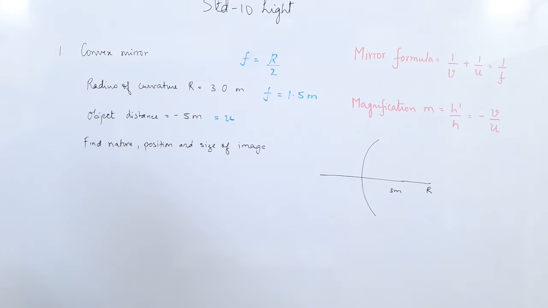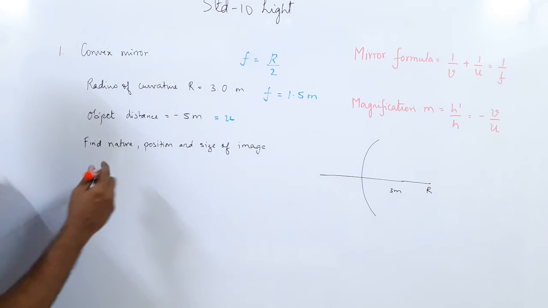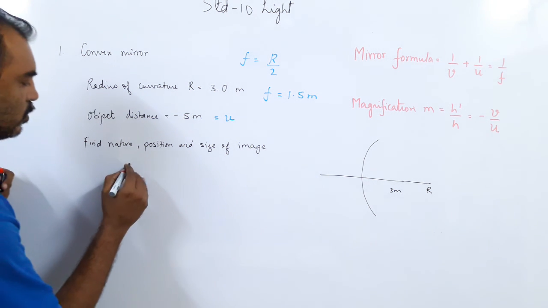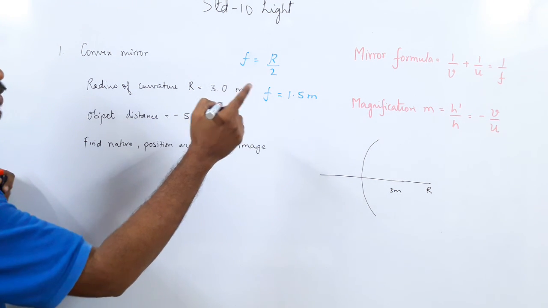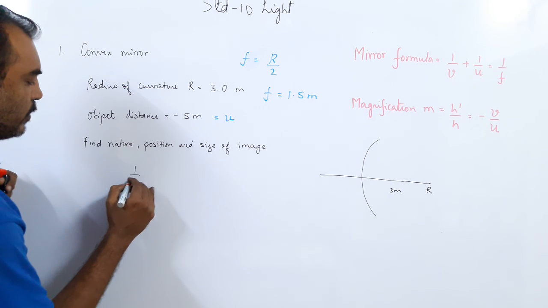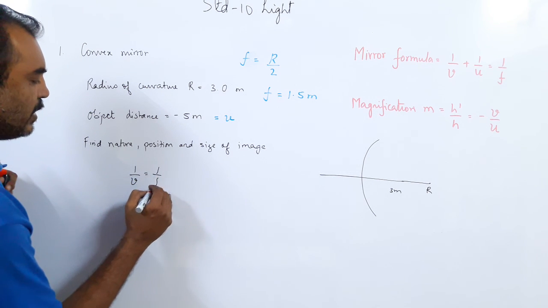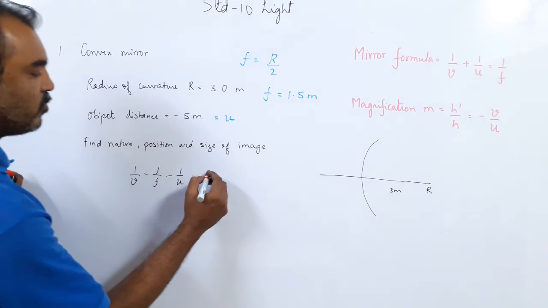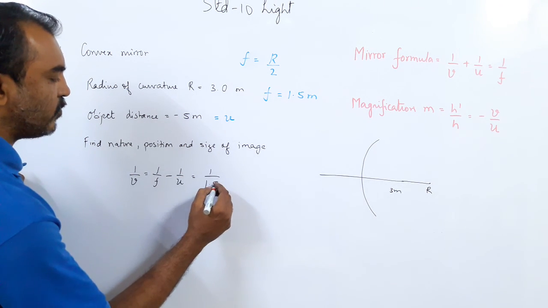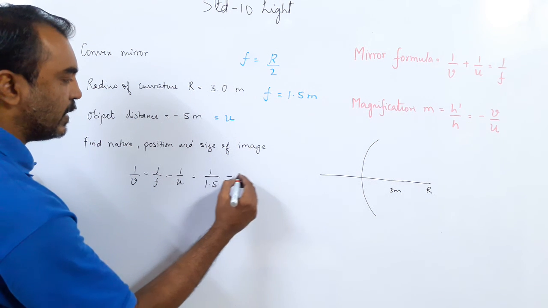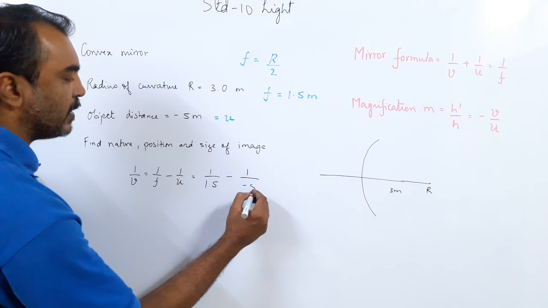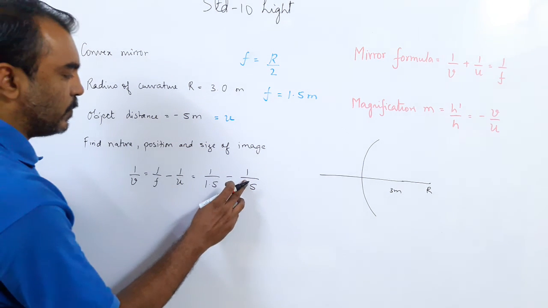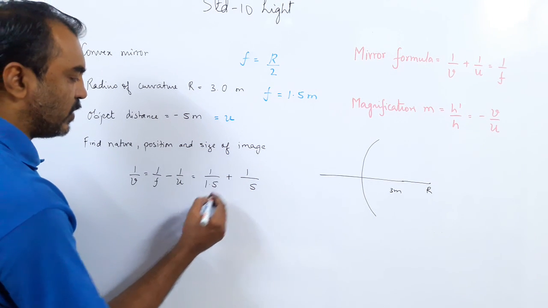Let us use the formula. 1 upon v plus 1 upon u equal to 1 upon f. So 1 upon v can be written as 1 upon f minus 1 upon u. So we have 1 upon 1.5, f is 1.5, minus 1 upon minus 5. Now the minus and minus will become plus, so this becomes plus 1 upon 5.